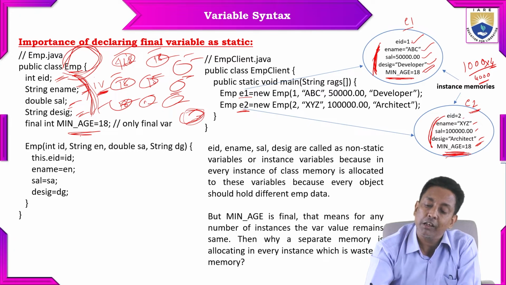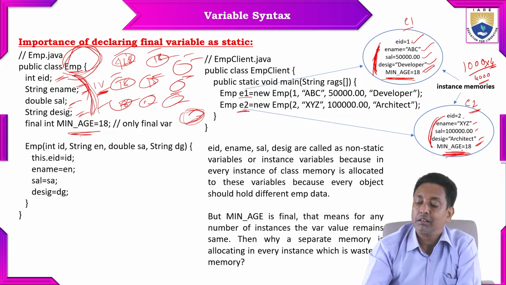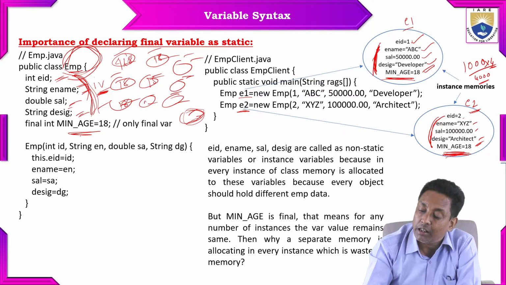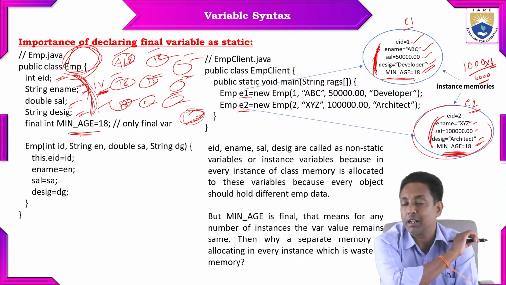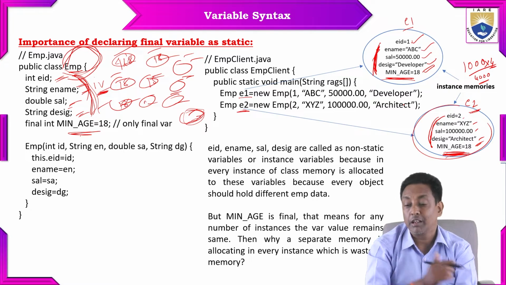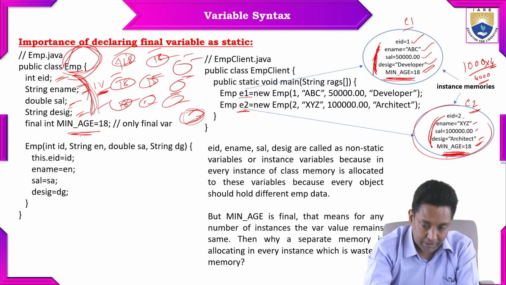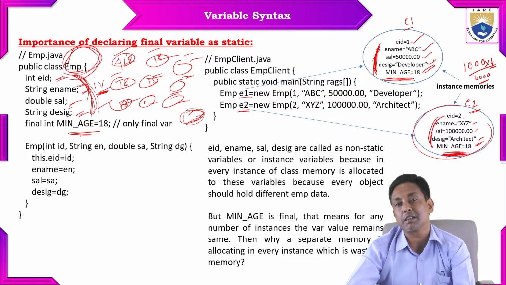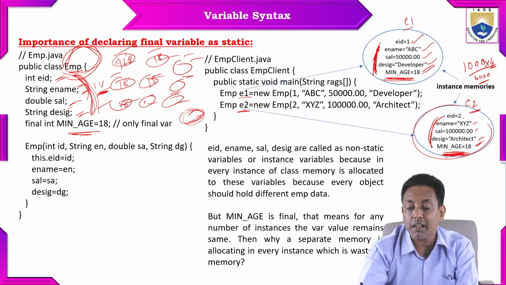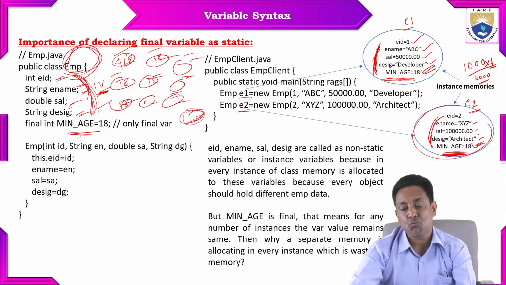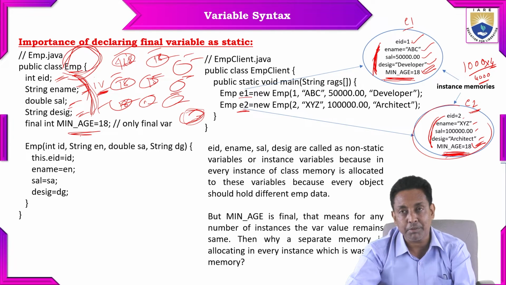When a variable's value remains unchanged, why is its memory allocated in every object of the class? If a variable is final, and its value is constant for any number of objects, why are you unnecessarily allocating memory in the instance memory of the class? Isn't that wasting memory?